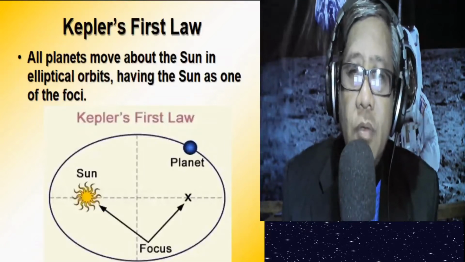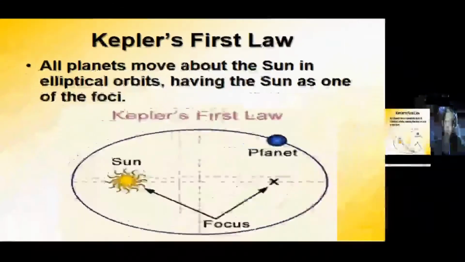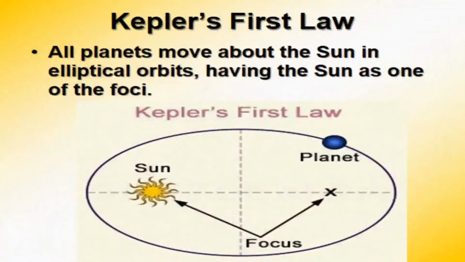Now, according to Kepler's first law, all planets move about the sun in elliptical orbits, having the sun as one of the foci.